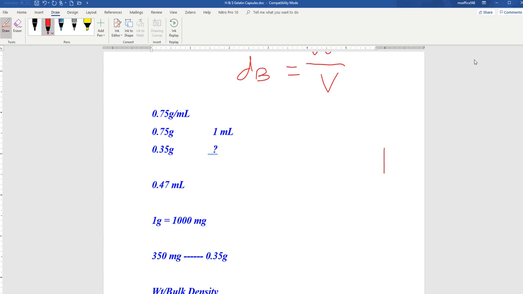Take your formulation, put it in a measuring cylinder. All your formulation that you want to fill inside the capsules, put it in a measuring cylinder. So you have here a measuring cylinder, and then find out what is the total volume of your formulation.